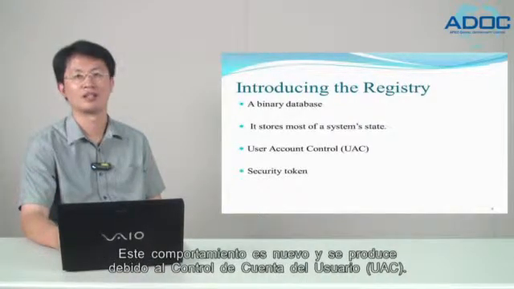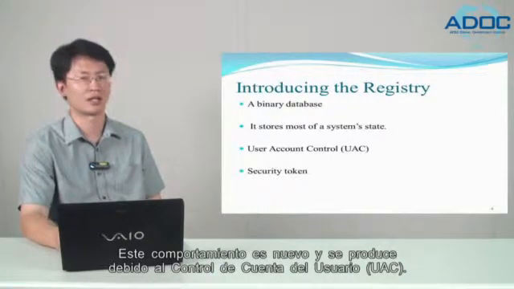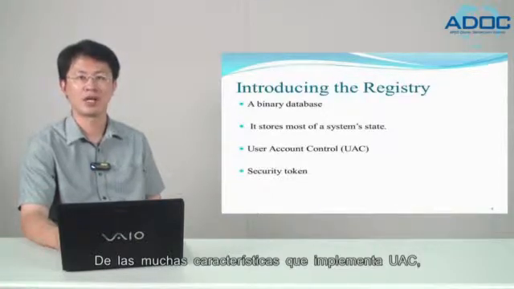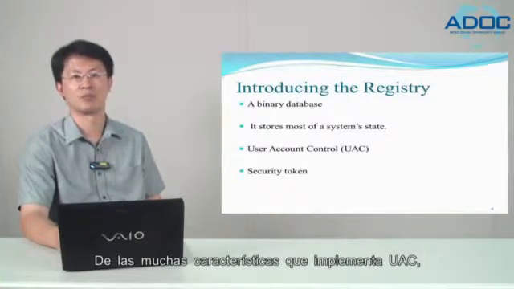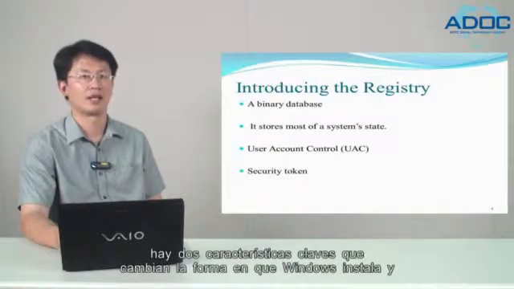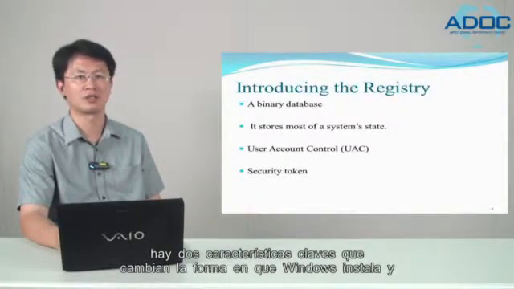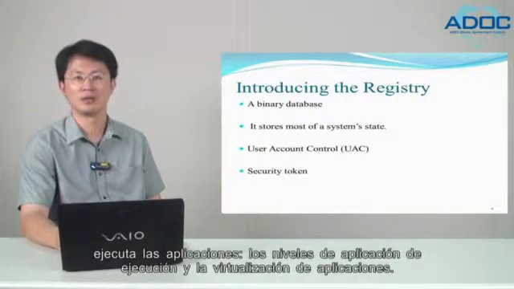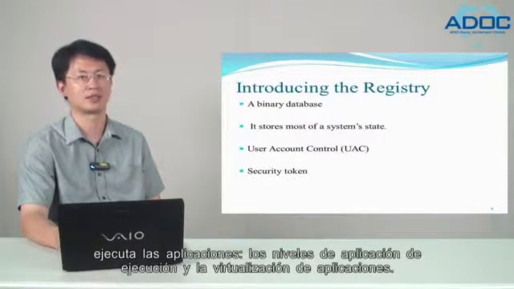This behavior is new and occurs because of User Account Control, UAC. Of the many features UAC implements, there are two key features that change the way Windows installs and runs applications: application run levels and application virtualization.